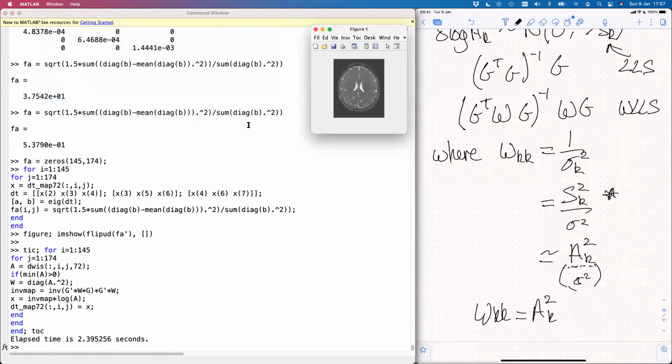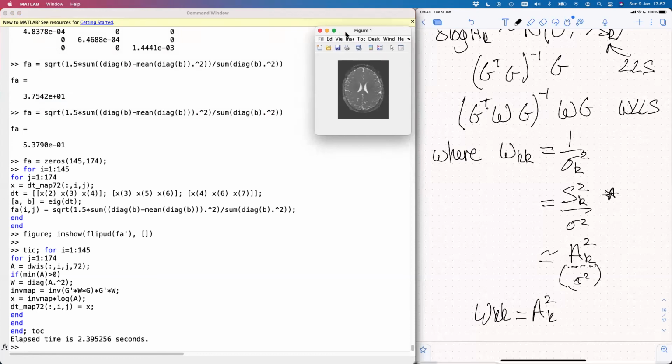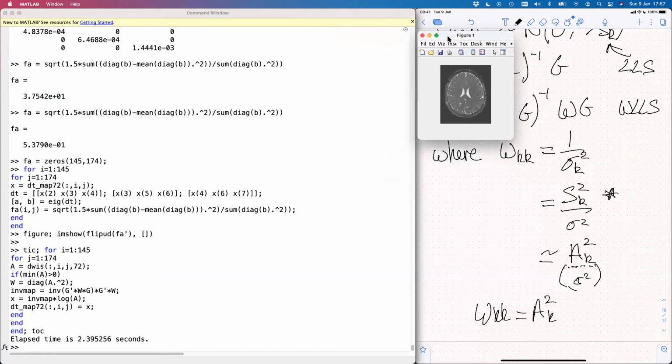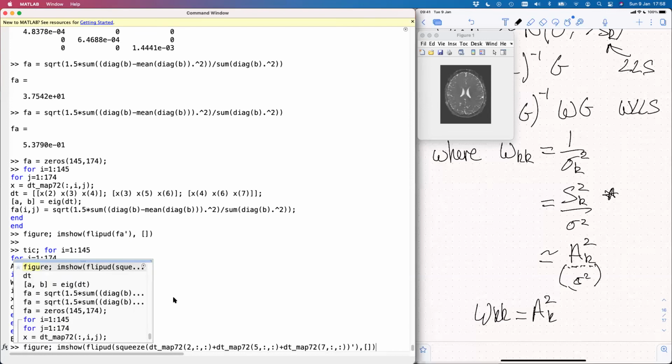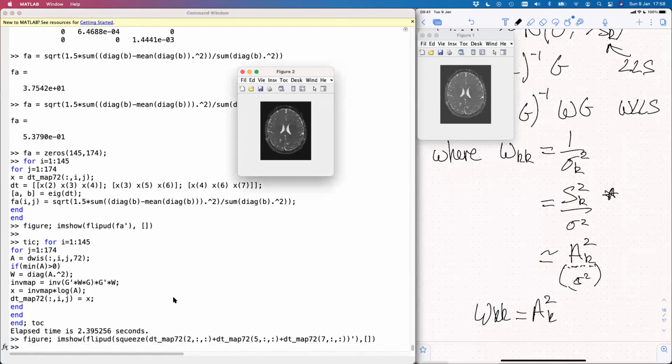Now, did I save? What's that figure? Okay, so this was the mean diffusivity map from the standard least squares. Let's have a look at the one now from the weighted linear least squares and see how much of a difference it makes. Okay, so I've plonked it into the same array, so I think this should give me the, there it is.